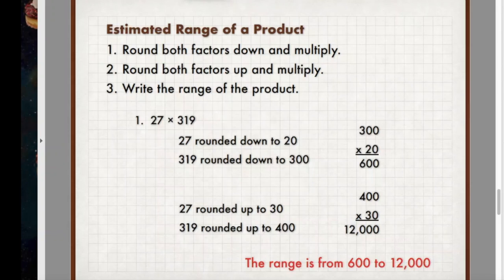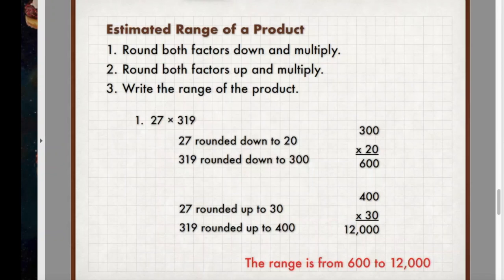Now we're going to round up to get the highest possible. 27 rounds up to 30, but look at this. 319, we're going to round up to 400. We multiply those, we get 12,000. So the range for this number, 27 times 319, is what the answer could be, at some point from 600 to 12,000.